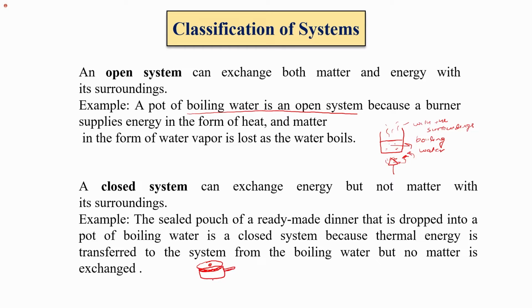This kind of system will be called a closed system because here no matter can be exchanged from the saucepan, because the lid prevents the matter from entering and leaving the saucepan.